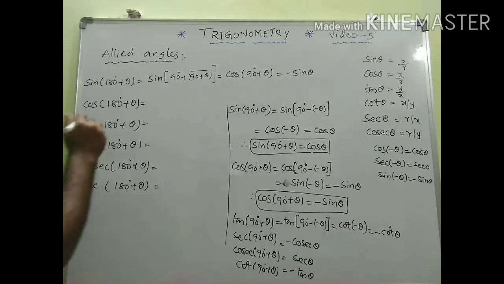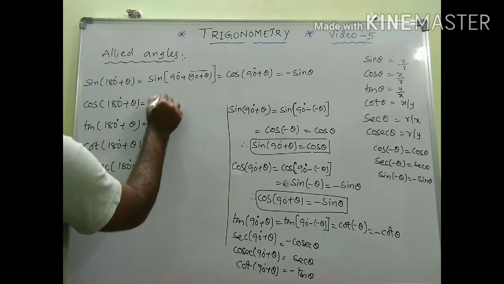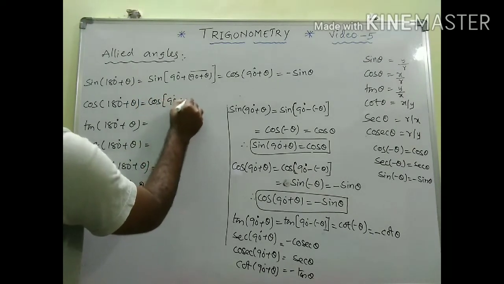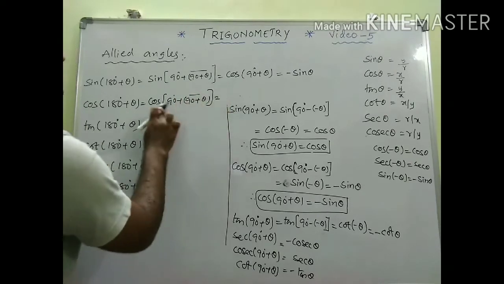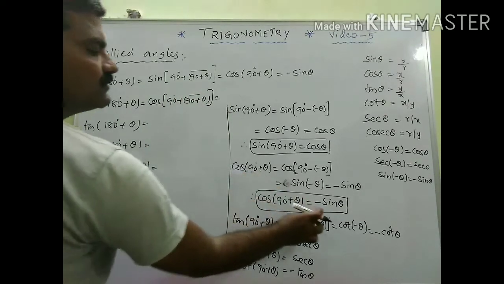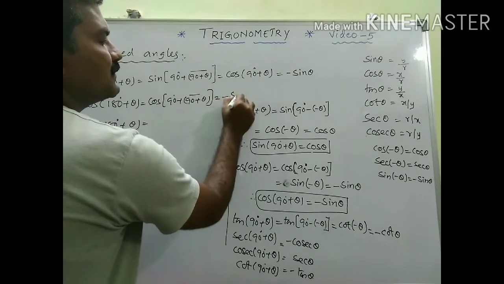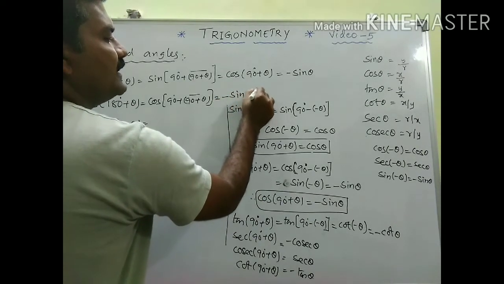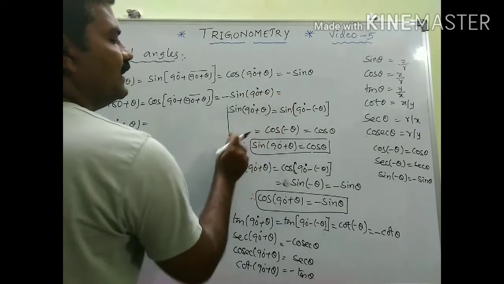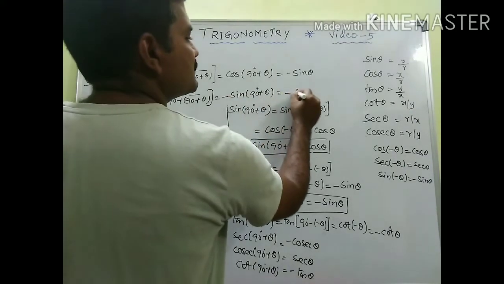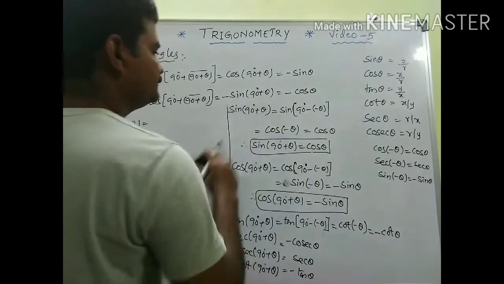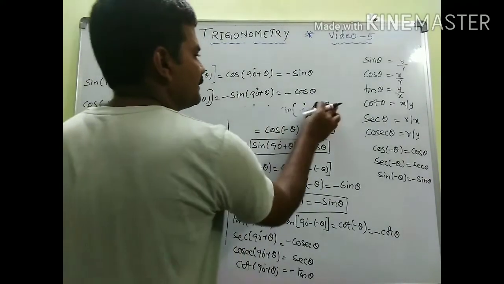Okay. And similarly this is also cos of 90 plus 90 plus theta. So cos of 90 plus theta is equal to minus sine theta. Hence minus sine of 90 plus theta, and sine of 90 plus theta is nothing but cos theta. Hence it is minus cos theta. Okay.